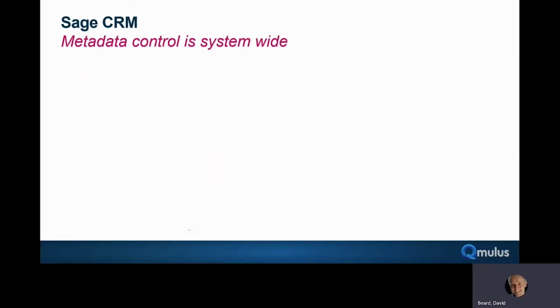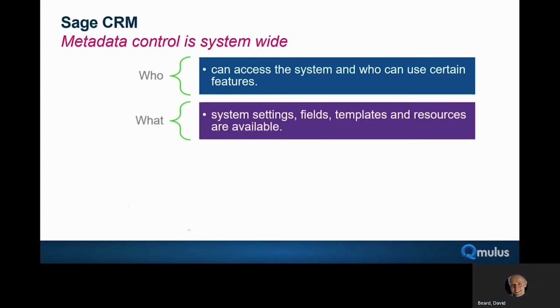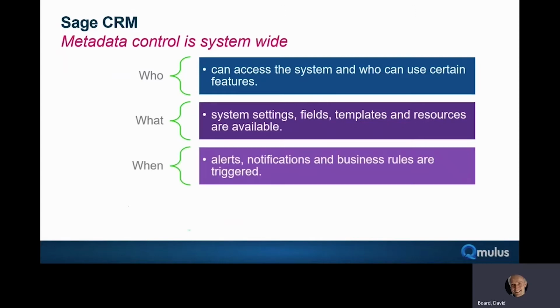And in particular, I wanted to speak about this idea of the metadata in the product. What do I mean by that? Well, the metadata is really all about managing the who: who can access the system, what rights do they have. The what inside the metadata lets you set up or configure things like system settings, field names, field layouts, templates, those sorts of things.